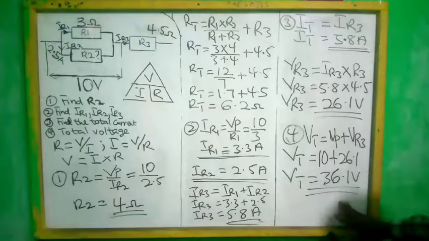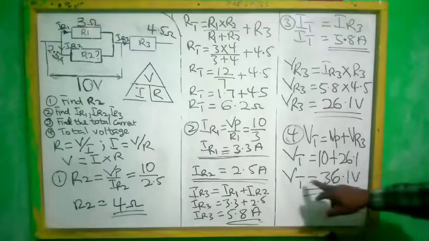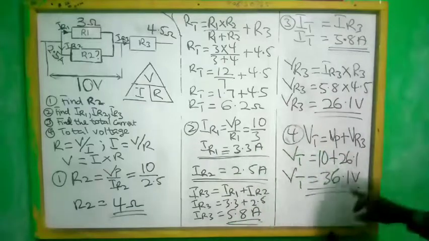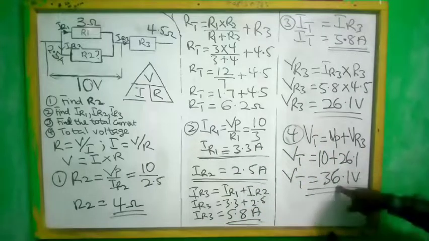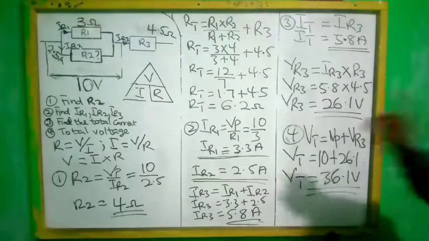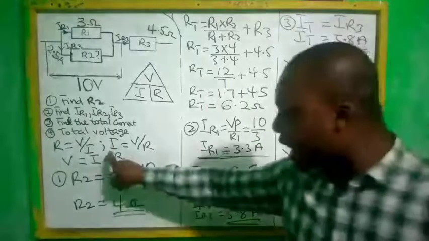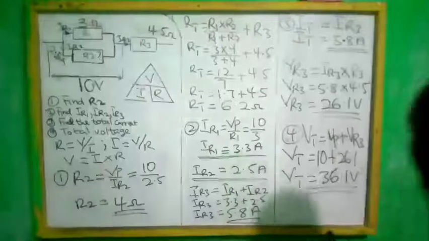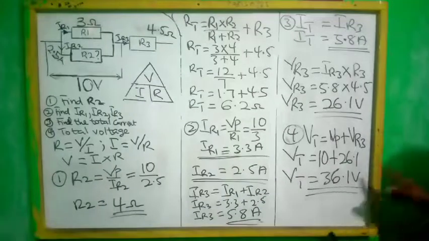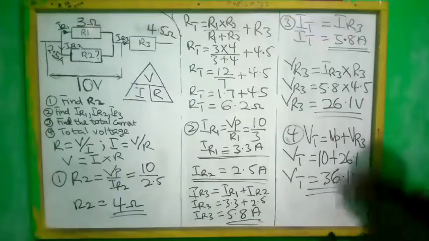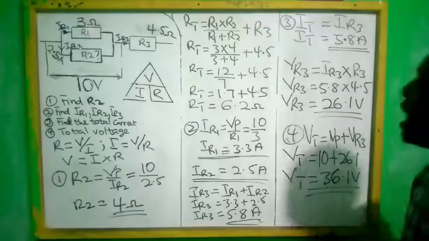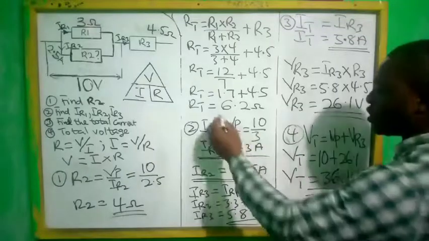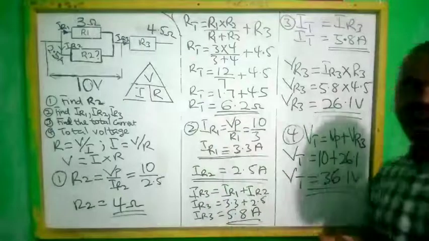Now, to know whether our answer is correct, let's check our total current using this formula. The formula for current I is V over R. Our total voltage is 36.1, so let's divide 36.1 by the total resistance, and see whether we'll have the total current.